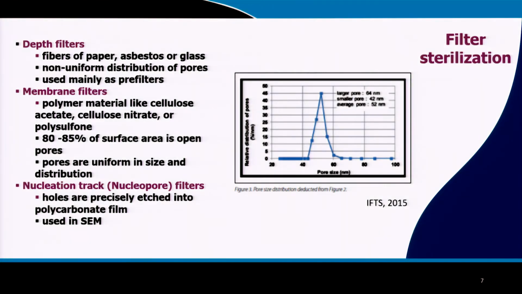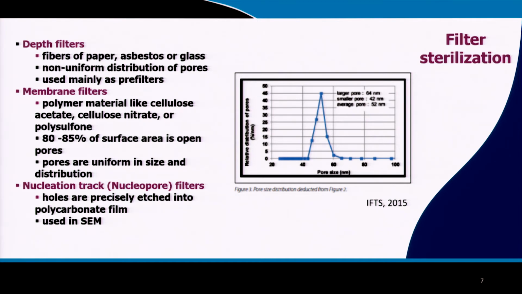So in depth filters, there are several different types of depth filters that are available. They are made out of fibers of paper, asbestos, or glass. The advantage of using glass fiber filters is that they do not leave any ash behind.